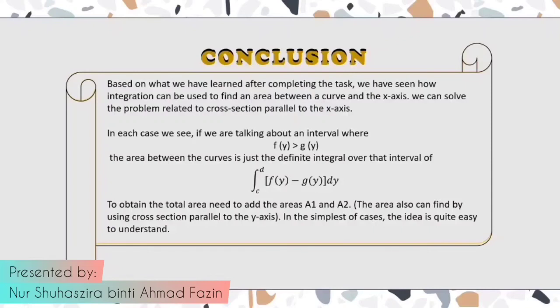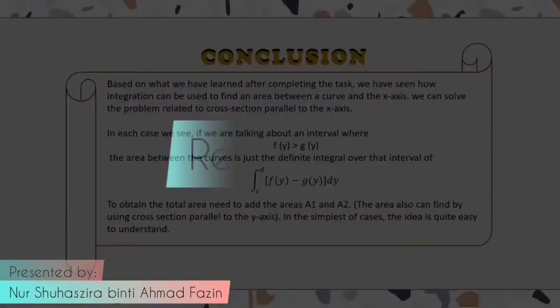In each case, we see if we are talking about an interval where f(y) is greater than g(y), the area between the curves is just the definite integral over the interval of f(y) minus g(y) dy. To obtain the total area, we need to add the areas A1 and A2. The area also can be found by using cross-section parallel to the y-axis. In the simplest case, the idea is quite easy to understand.